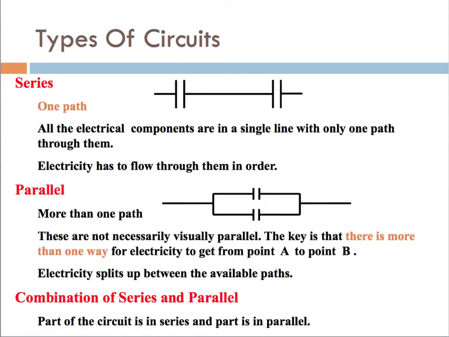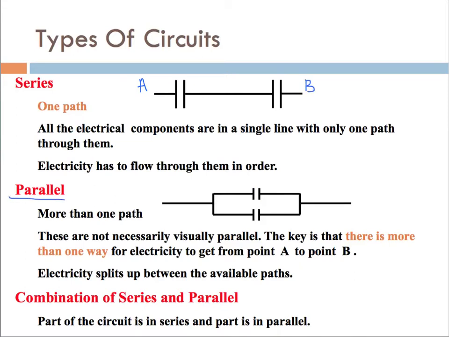Now, we can talk about putting capacitors in circuits. And we have 2 different types of circuits, one of series and one of parallel. We know that we're dealing with a circuit in series when you have only one path to go from the beginning to the end. So we can look at point A here. And to go from point A to point B, I only have one path.